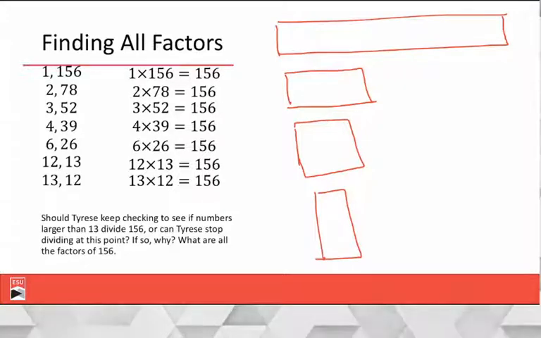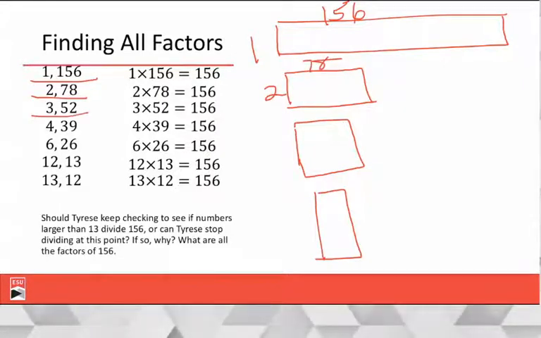We can think of each of these numbers, 1 and 156, 2 and 78, 3 and 52, and so on, as lengths of a rectangle. And notice, once he goes from 12 and 13 to 13 and 12, we know he can stop.